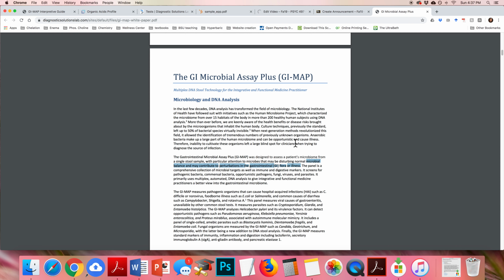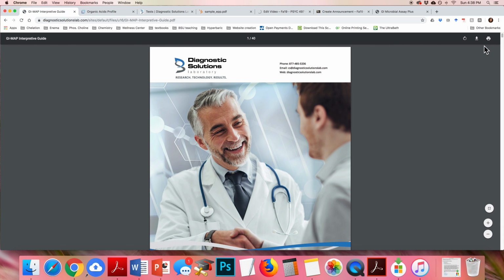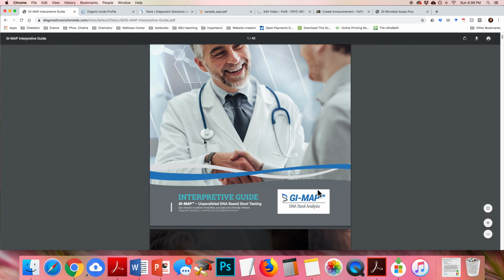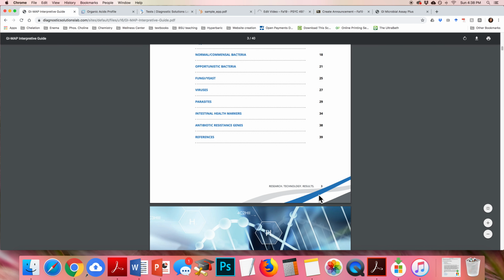The body is a holistic being. All of our systems are related. We have a tendency in modern medicine to compartmentalize different aspects of the body as if they function independently, but that's not how people work, right? So again, these things in the gut affect mental health, okay? And this is an interpretive guide, and all of this can be found on their website, okay?